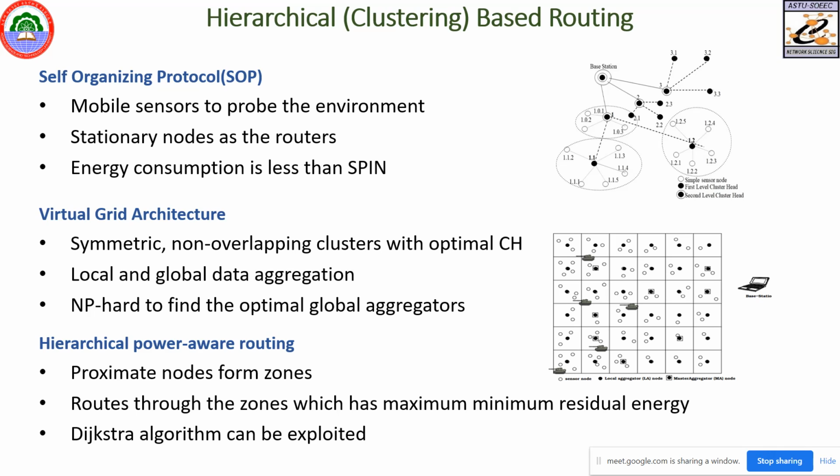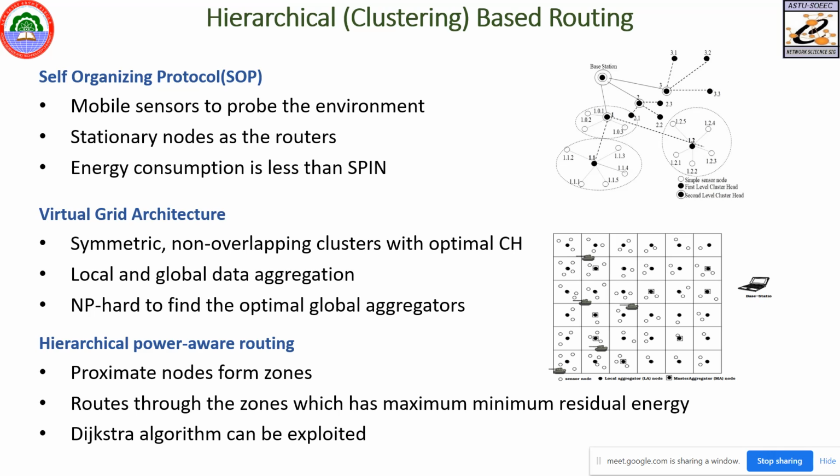So when we have heterogeneous sensors, this protocol is very useful. These sensors can be mobile or stationary; both types of sensors are available in the market. Some sensors will probe the environment and forward the data to some set of nodes which are designated to receive.